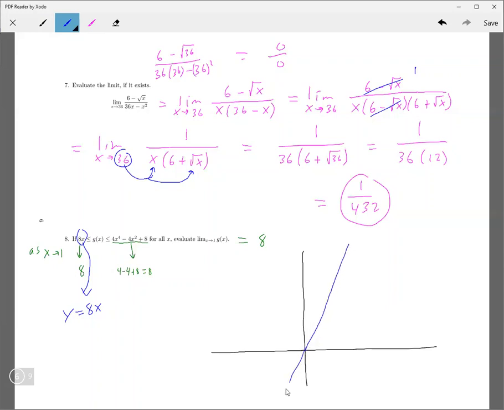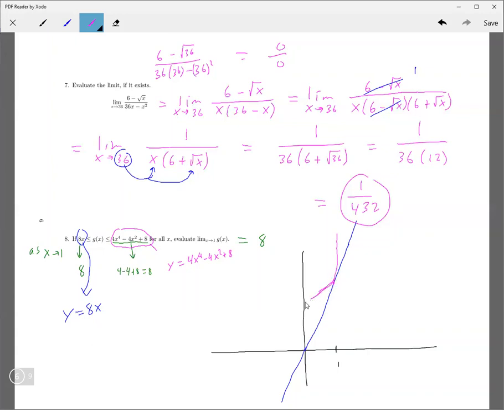The slope's going to be 8, and the y-intercept is 0. Now let's say that 1 is about right here. Now apparently this one right here is above that. I'm not going to take the time to graph that nicely, but it does go through this point right here. So maybe it's something like this.